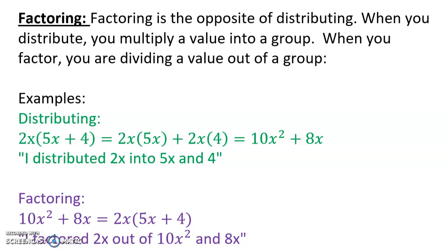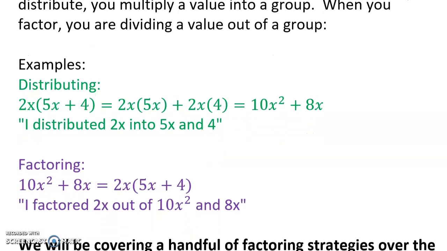If I wanted to factor 10x squared plus 8x, I would get 2x times 5x plus 4. You can see that's where we started over when we were distributing. I would say in this case that I factored 2x out of 10x squared and 8x.